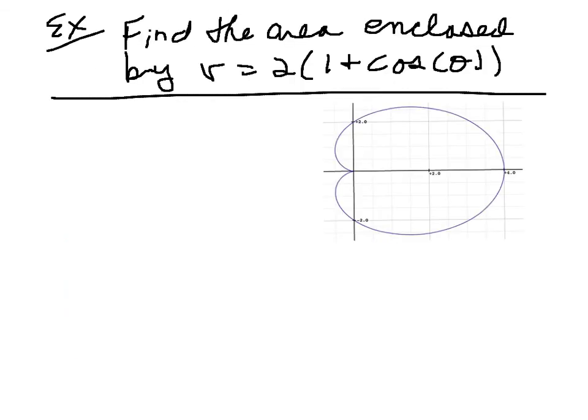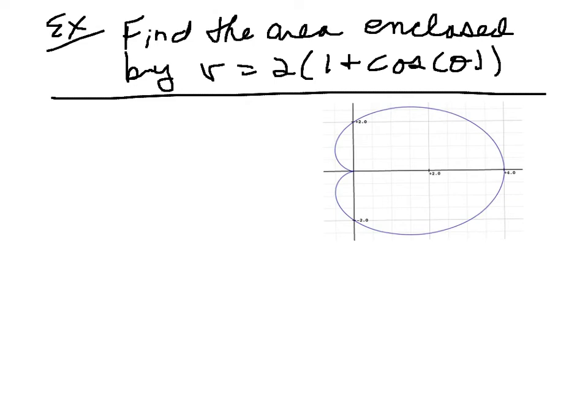Okay, so here's an example. Let's find the area enclosed by the graph of r is equal to 2 times 1 plus cos theta. And here's the graph right here. Now, it's going to take 2 pi units to get all the way around. And it's important to understand what range theta has to go through so that you get the full graph but nothing more.